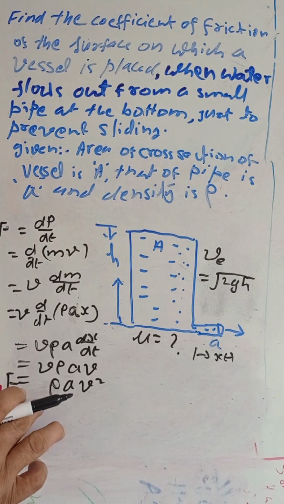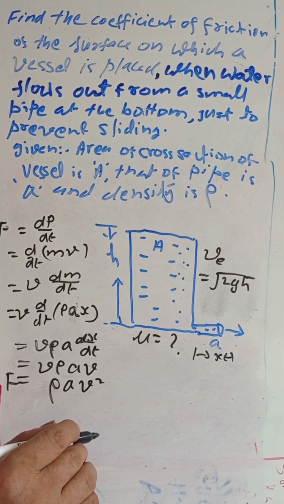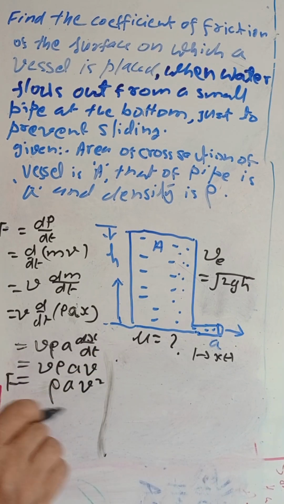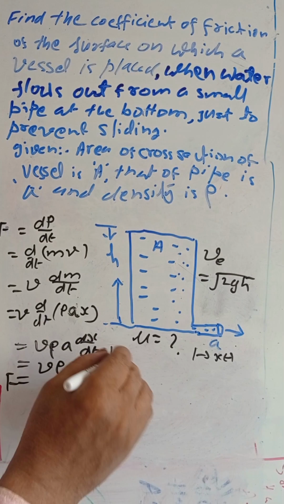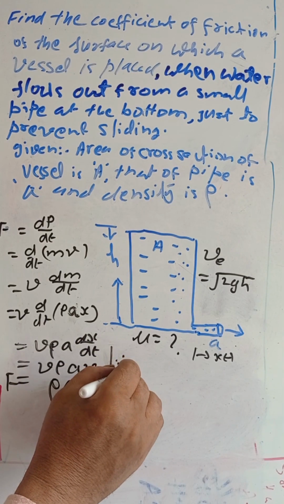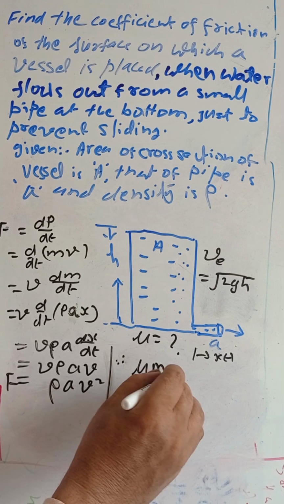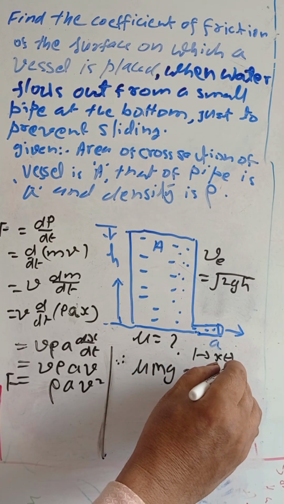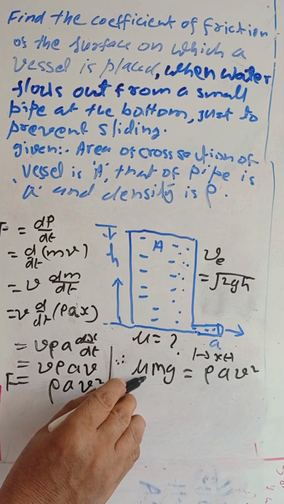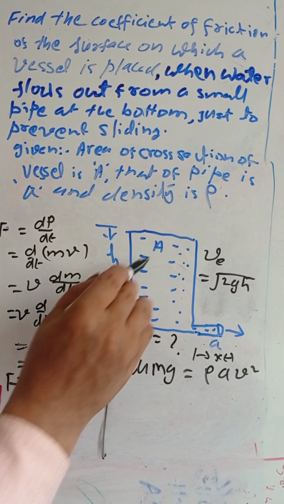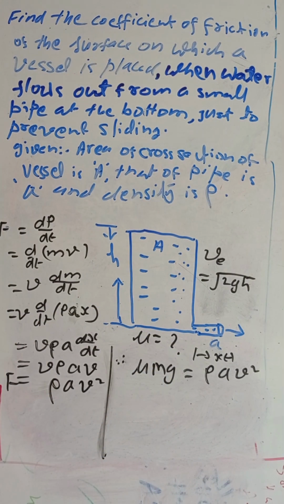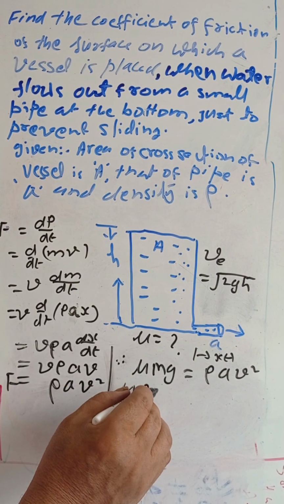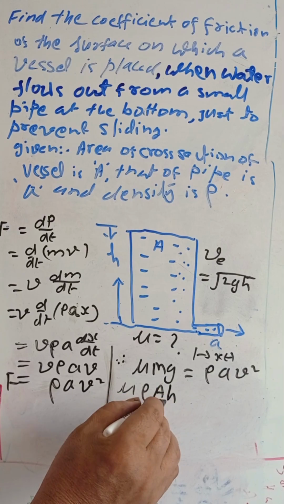This outward thrust should be balanced with the frictional force. Therefore the frictional force, which is mu mg, is equal to rho a v square. In mu mg, m is the mass of this water column of height h, so we can write it as density of water times volume of water.